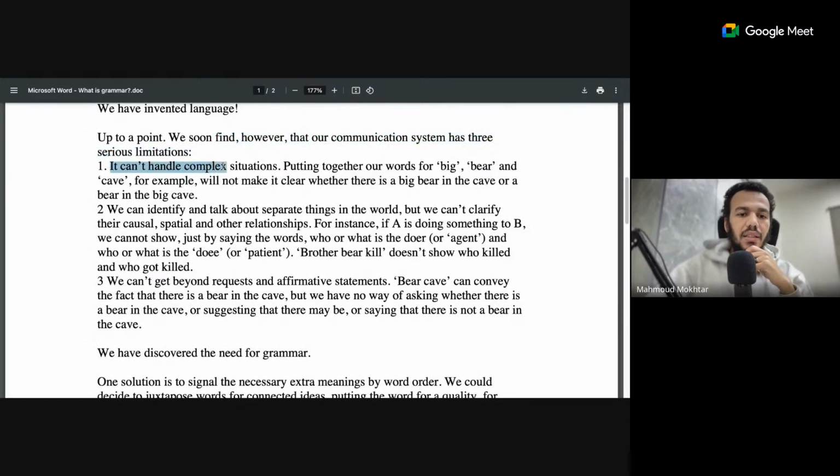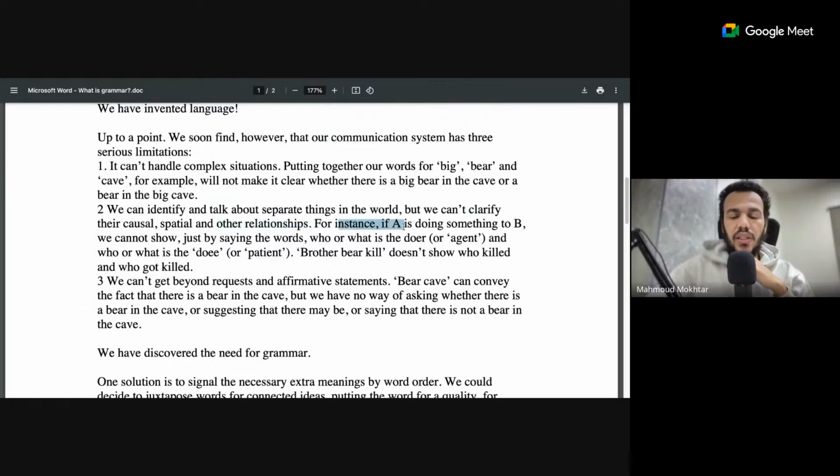First, it can't handle complex situations. Putting together our words for big, bear, and cave, for example, will not make it clear whether there is a big bear in the cave or a bear in the big cave. We can identify and talk about separate things in the world, but we can't clarify their causal, spatial, and other relations.